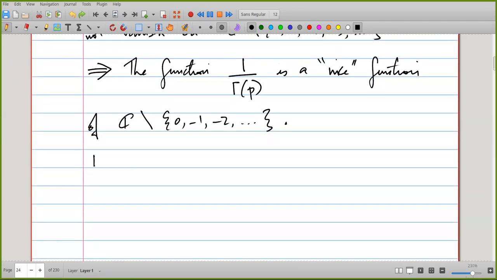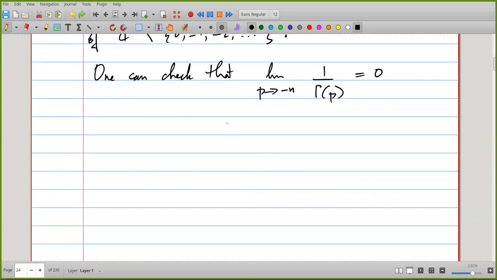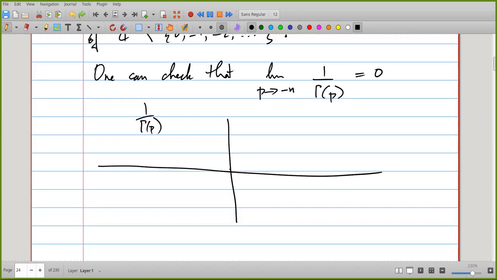One can check that the limit as p tends to minus n of 1 upon gamma of p is equal to 0. So what I'm trying to say is the function 1 upon gamma of p is defined everywhere except these points, because gamma of p never vanishes outside.